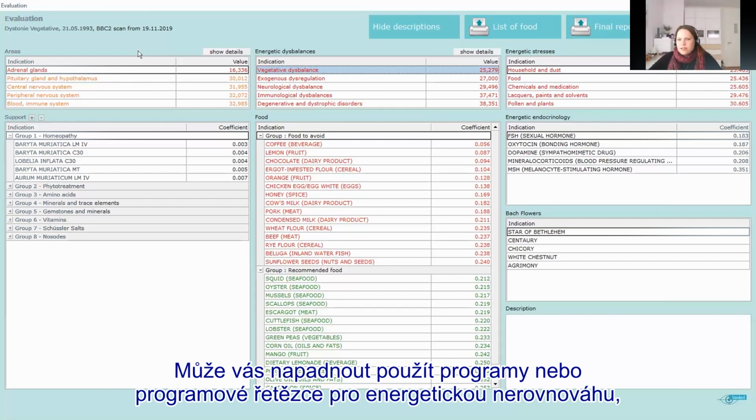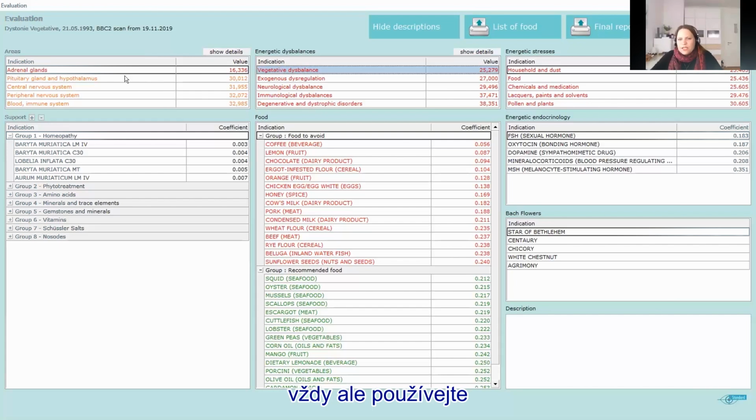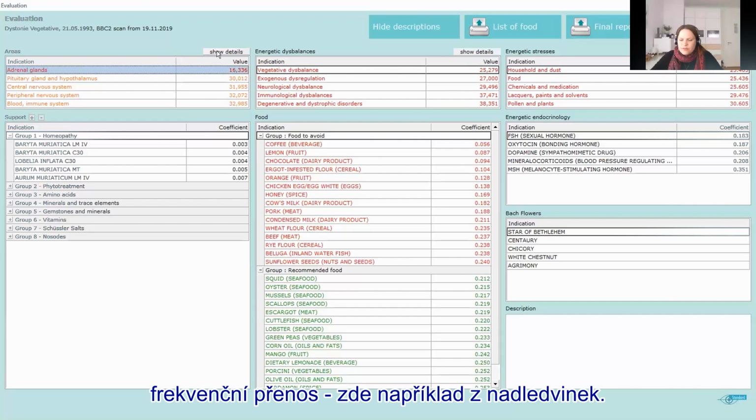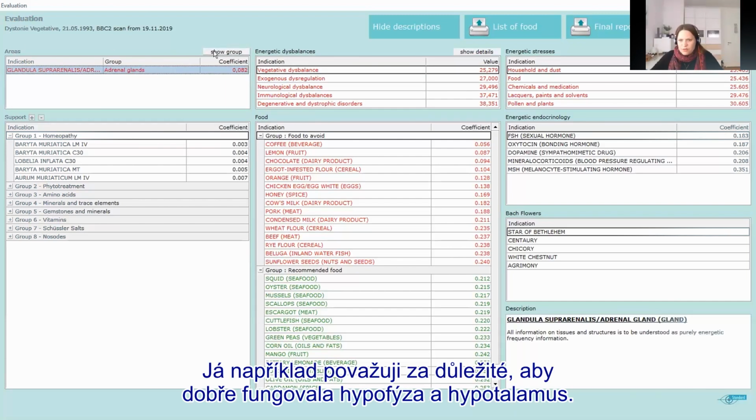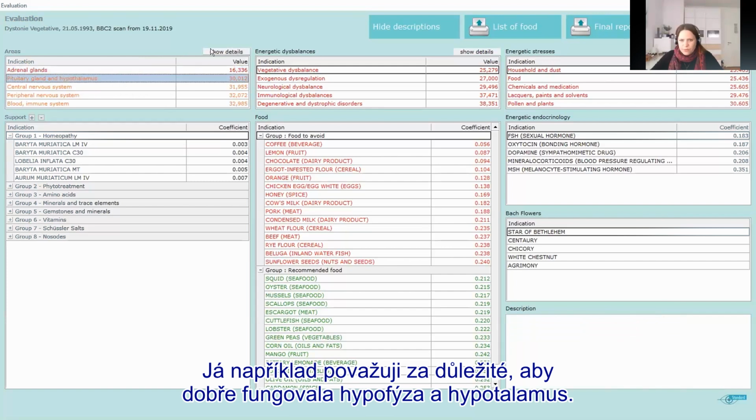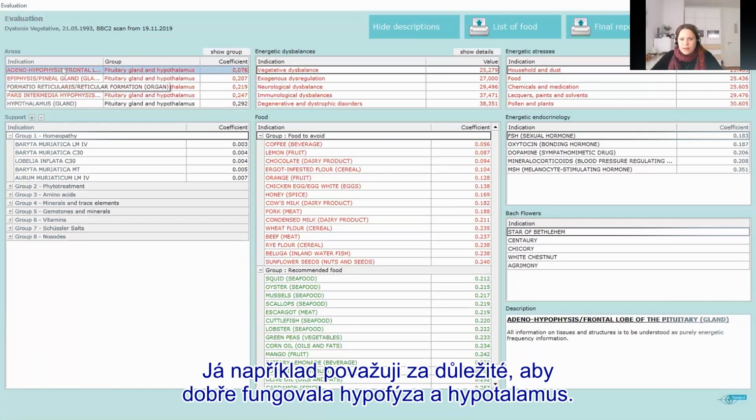And so you can have an idea to use a program or program sequences for the vegetative disbalances, but also use the frequency transfer from the adrenal gland, for example. Or for me, it's really important that the hypophysis and the hypothalamus really work well.